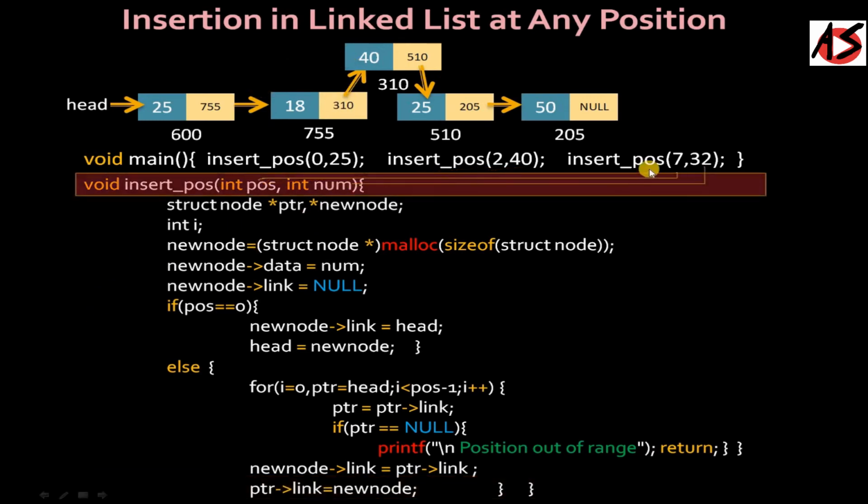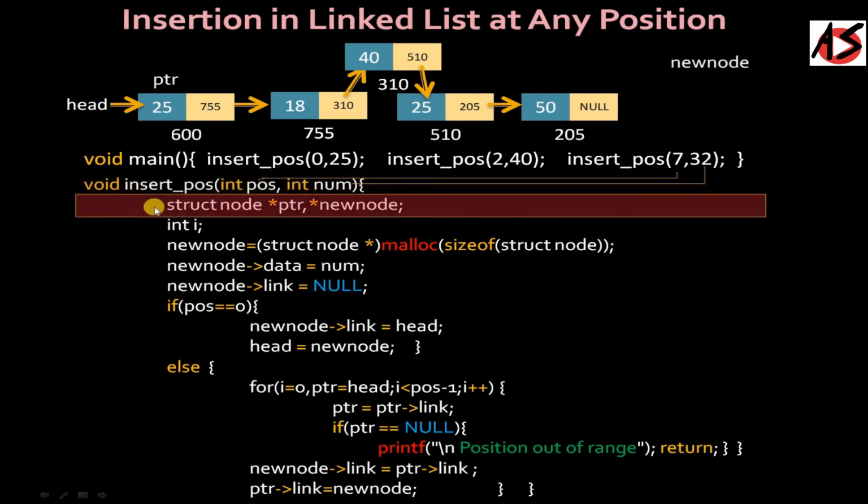So this is the insertion of the second node. Now we are inserting the third node. Here in the third node, position is 7 and the element's data value is 32. So 32 is copied in the num variable and 7 will be copied in the position variable.